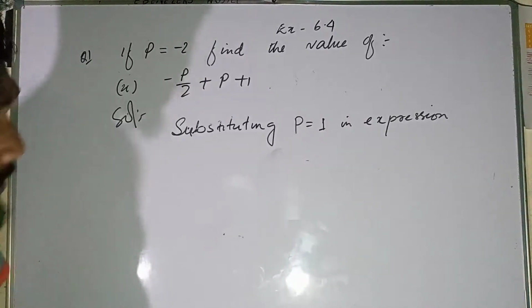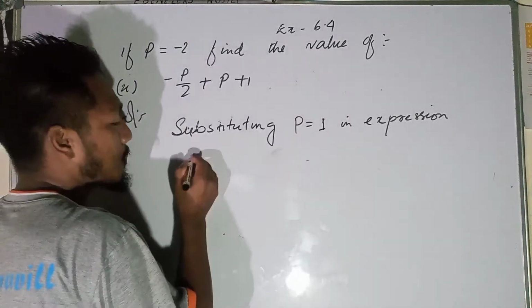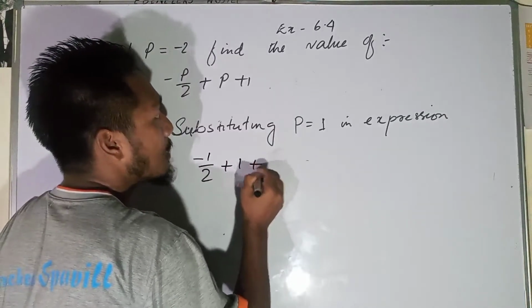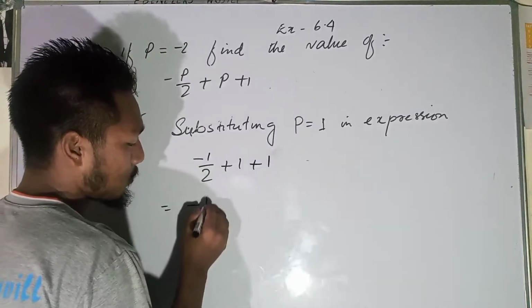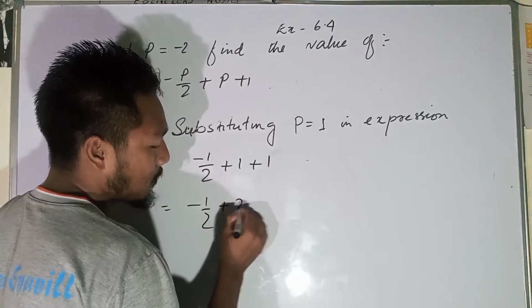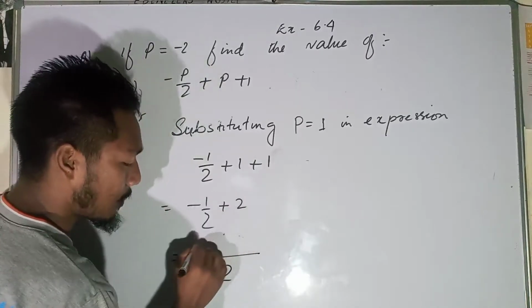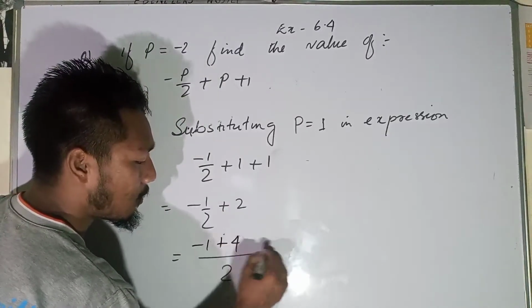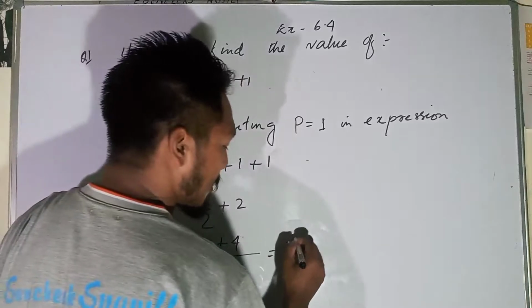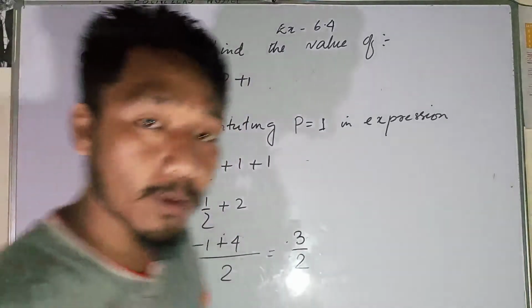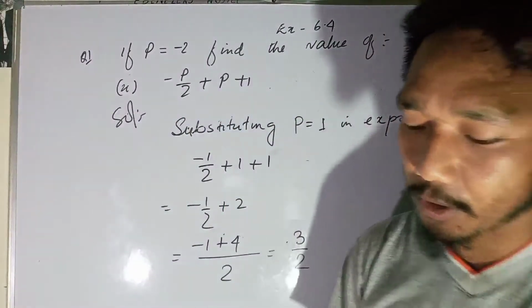Wherever p is there, I will put 1 by 2, plus 1, plus 1. So 1 by 2, 1 plus 1 becomes 2. Now take the LCM of these two. LCM will become 2 here. 2 and 2 will become 4. So 1 minus 4 is minus 3, so 3 by 2. I think you're clear about this. So in this way you try to solve the remaining 2 questions of question number 2.